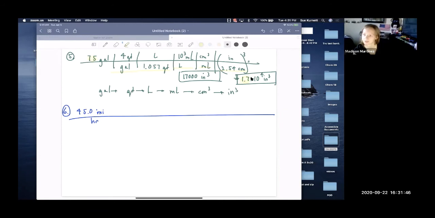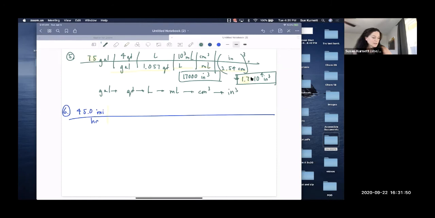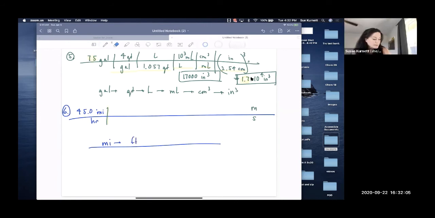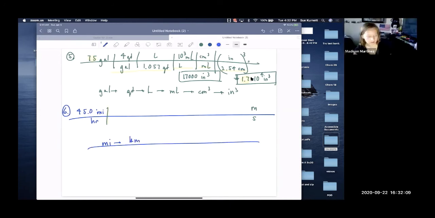Gotcha. Thank you. Sure. Okay, miles per hour to meters per second. As you know, there's 2 paths. One goes through kilometers and one goes through feet. Anybody have a preference? Kilometers. Kilometers, you say? Certainly.